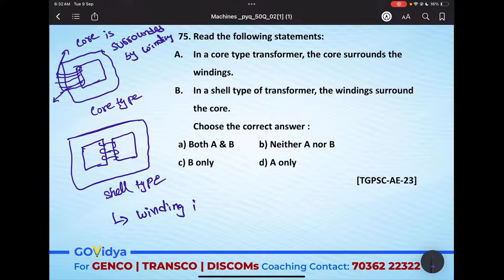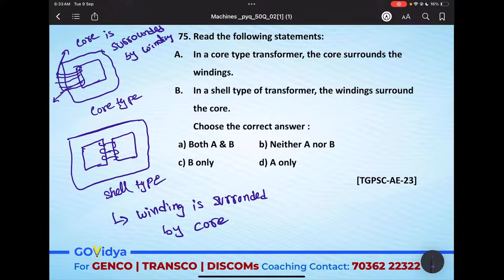Winding is surrounded by core. Okay, so if you see the diagram, what is going to happen?